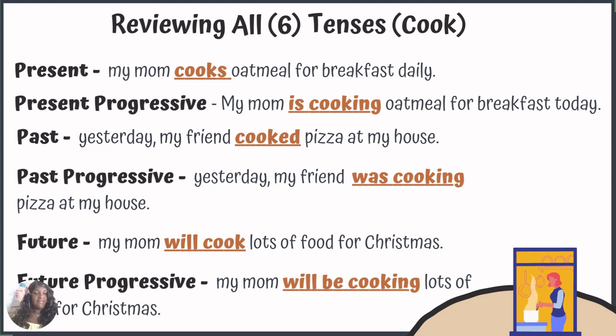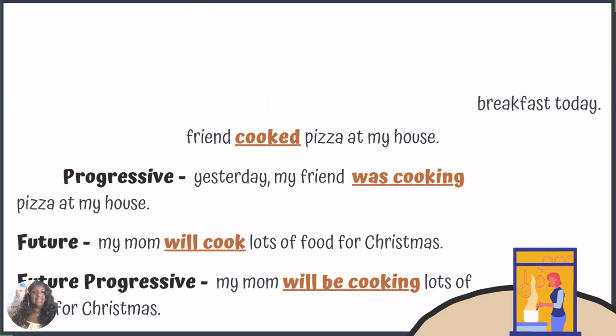Past progressive, yesterday, my friend was cooking pizza at my house. Future tense, my mom will cook lots of food for Christmas. Future progressive, my mom will be cooking lots of food for Christmas.